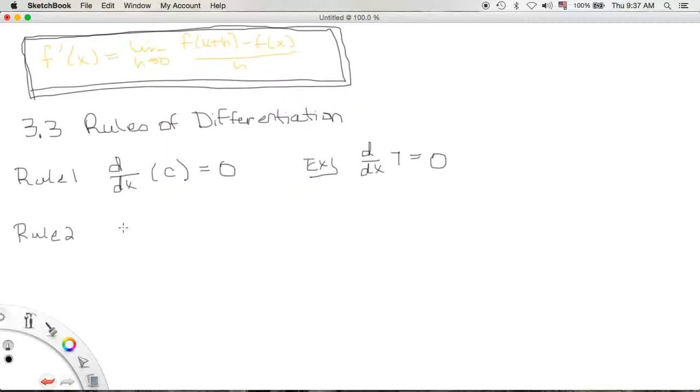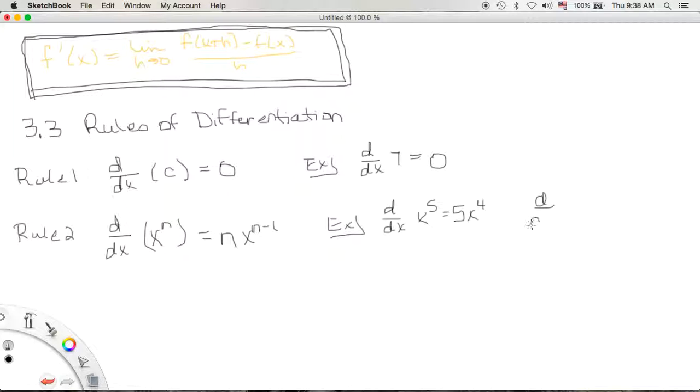The second rule deals with exponents. If we have a function that is x raised to some number, then the way you take the derivative is you bring the exponent down and then lower the exponent by 1. So for example, if we want to take the derivative with respect to x of x to the 5th, that would just be 5x to the 4th.